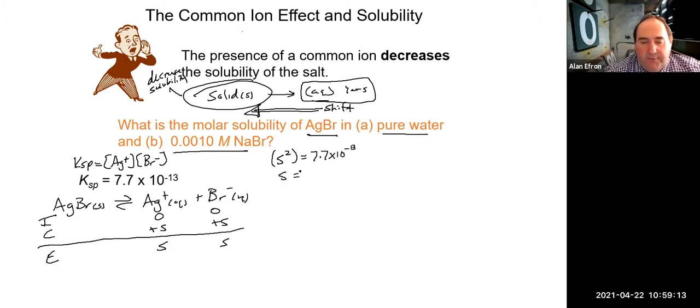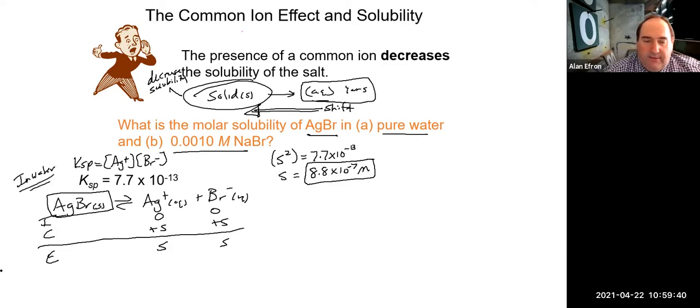Taking the square root of the other side will get us the square root of 7.7 times 10 to the minus 13. Looks like it gets us something like 8.8 times 10 to the minus 7. And that would be the molar solubility of silver bromide in water.